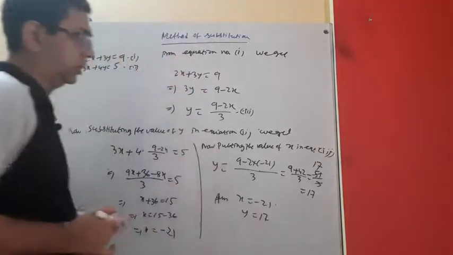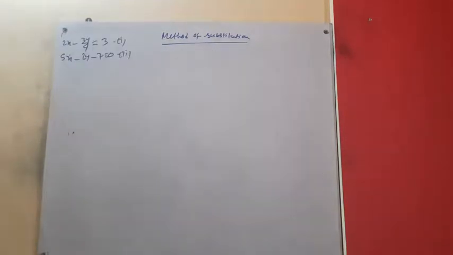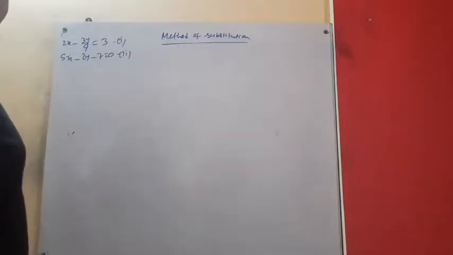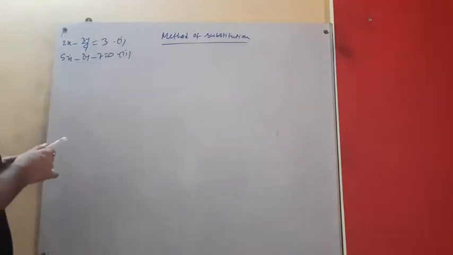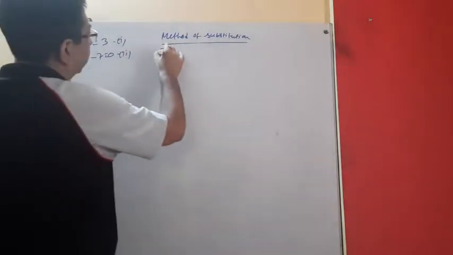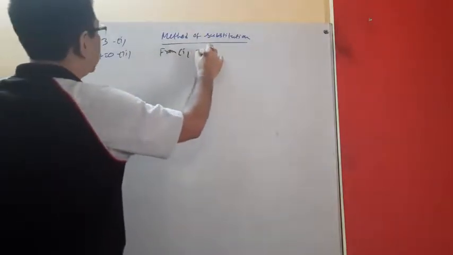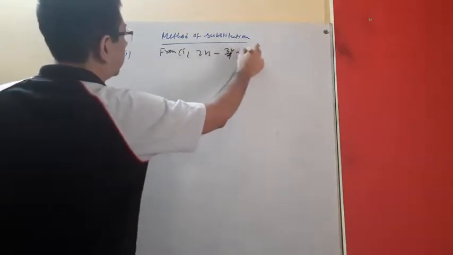This is the answer. Now we go to the next one. Now we are doing this one: 2x minus 3y by 4 equal to 3. We can do anything here; we will put the value of x in terms of y first. So from equation 1, 2x minus 3y by 4 equal to 3.